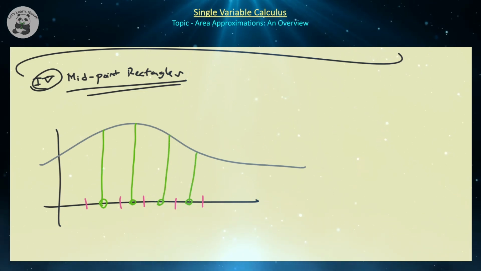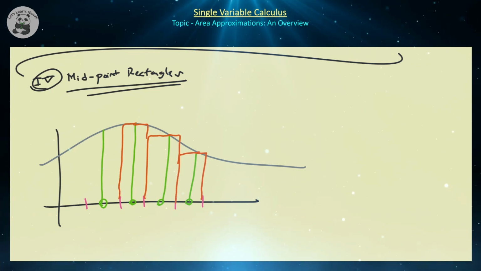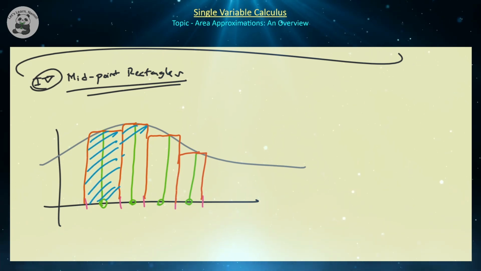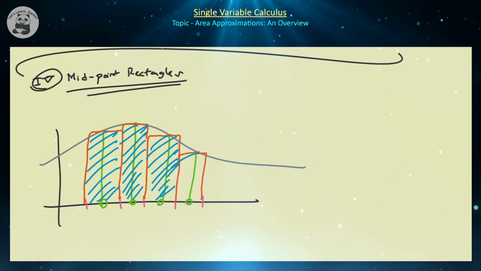So this is going to be rectangle 1, this is rectangle 2, rectangle 3, and rectangle 4, and this blue shaded region will be our area approximation. At least from my graph for this function, it doesn't appear too bad.